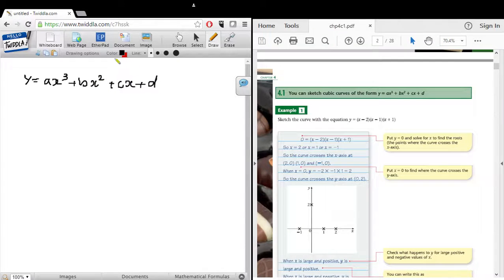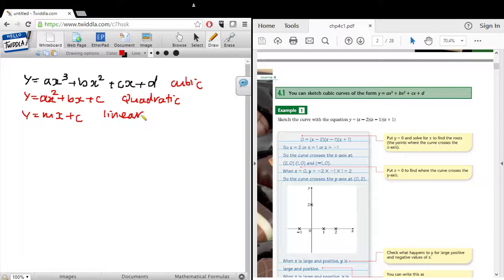My advice to you would be to have a revision sheet where you can write out everything that we have done so far, so that you don't get confused and you also don't forget what equation means what. Again, this is cubic, this is quadratic, and this is linear. Remember this, it's very important.